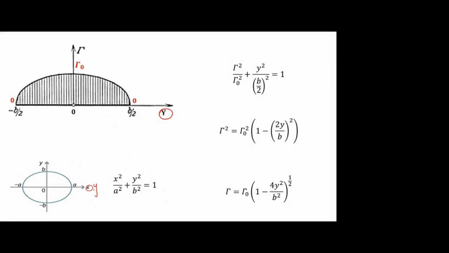Instead of a, we have b by 2, and instead of this y we have capital gamma, and instead of this b we have gamma naught. So substitute here, you will get gamma divided by gamma naught whole square plus y squared divided by b by 2 whole square equals 1. This equation you will get. Is that clear?